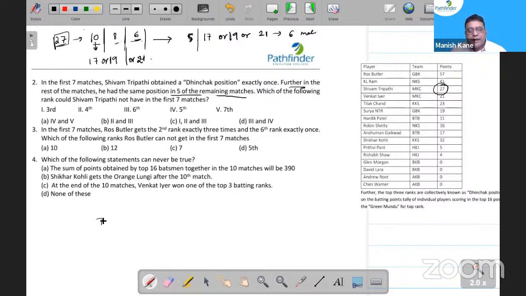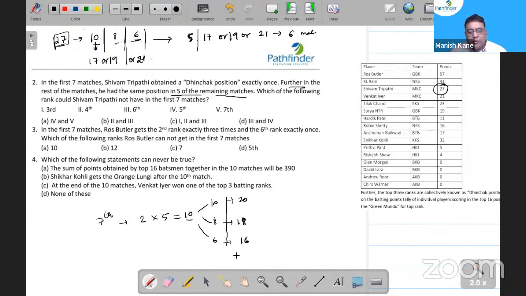Can he get the same rank of rank 7? Rank 7 means 2 points. 2 into 5 gives you 10 points. How many points has he already scored? He has scored 10 points, or 8 points, or 6 points. So what is his total in these 2 matches? 20 points, 18 points, and 16 points.